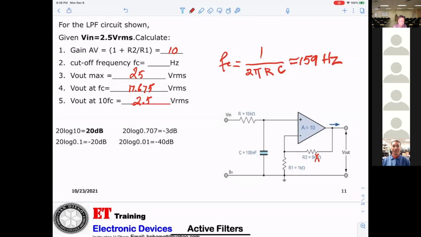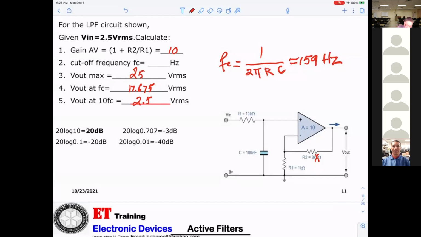Okay, again, any question on this problem from number 1, 2, 3, 4, 5? Any question you find confusing or do not really understand? Teacher, point number 5, could you explain a little bit? Okay, number 5, they say at 10 times the cutoff, it goes down -20 dB. You cannot do anything with -20 dB. You have to deal with a number that's equivalent to 0.1.